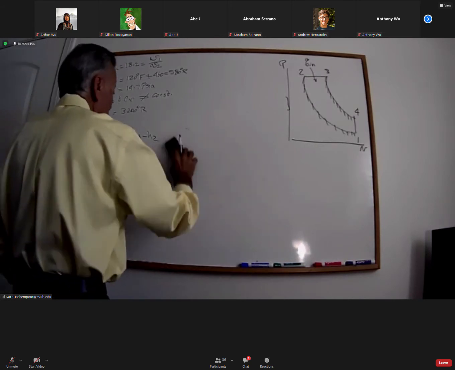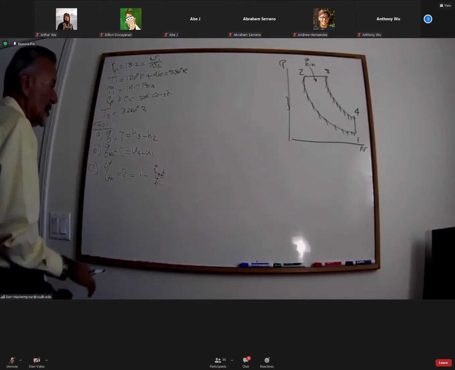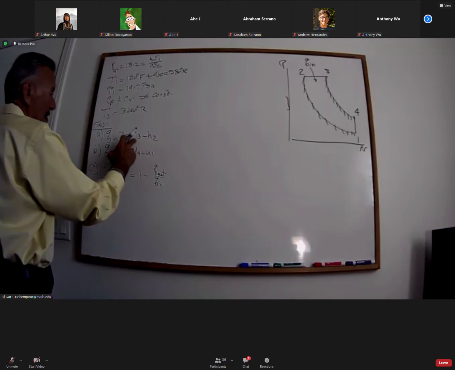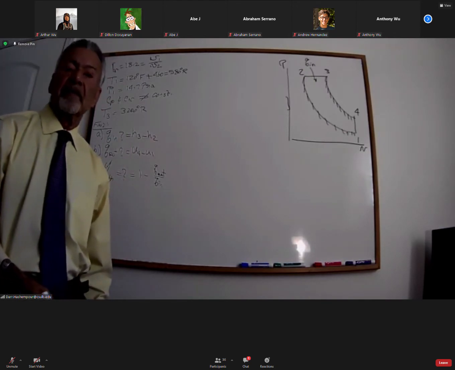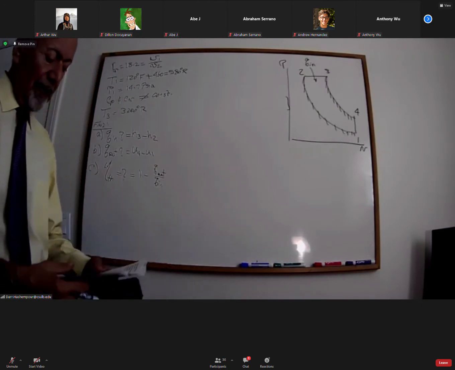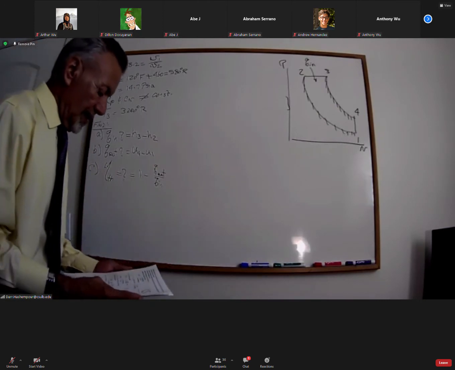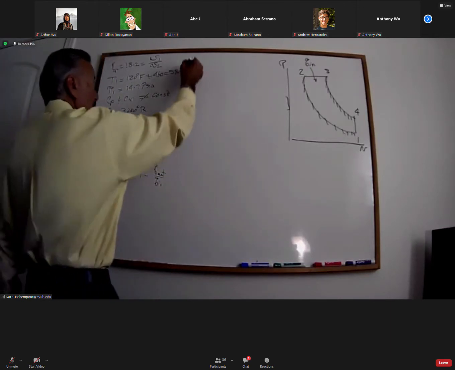Writing these equations helps me know exactly the parameters that I need to find, so I don't waste my time finding a whole bunch of other things that I don't need. Since CP and CV are not constant, that means I have to go to the table.